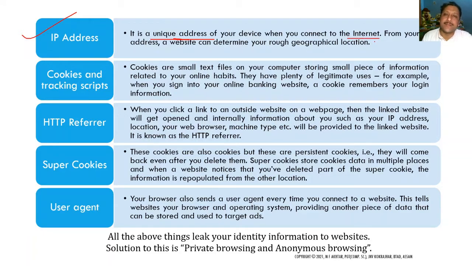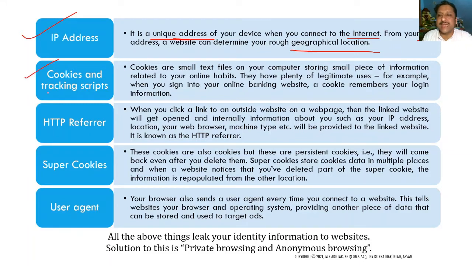This number is known as the IP address. It is given to recognize you as a unique user over the internet. From your IP address, a website can determine your rough geographical location. Using the IP address, they can determine your location. This can be done by any website.